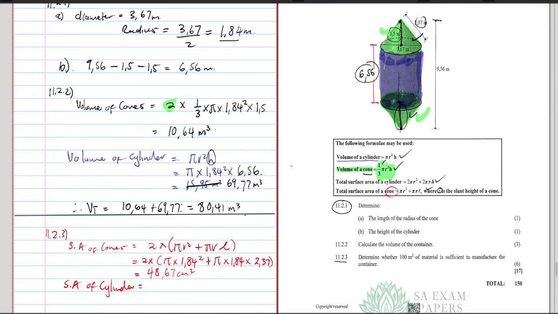Okay, but anyway, it's 2 pi r squared plus 2 pi r h.